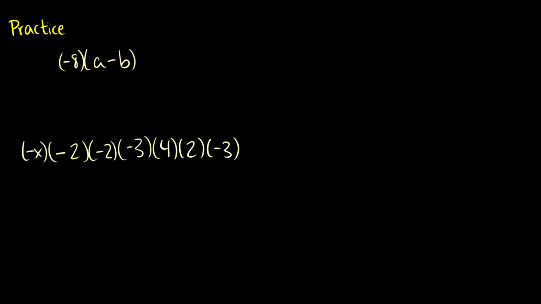In the first question, we take this negative 8, we distribute it to the a, and then we distribute it to the negative b. So this is the same thing as saying negative 8 times a, and then we're going to add negative 8 times negative b.